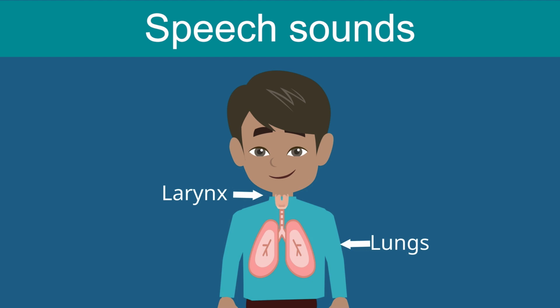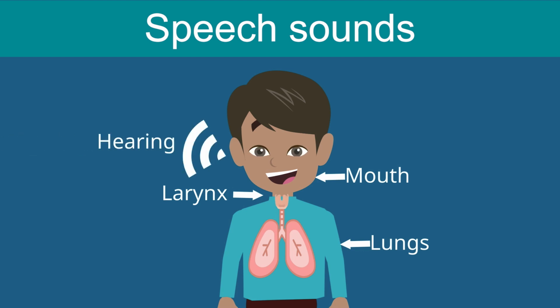Then the sound travels into the mouth. Parts of the mouth, like the jaw, tongue, and lips, move in different ways to make different sounds. For example, when we make the P sound, we put our lips together and make a small puff of air. P.